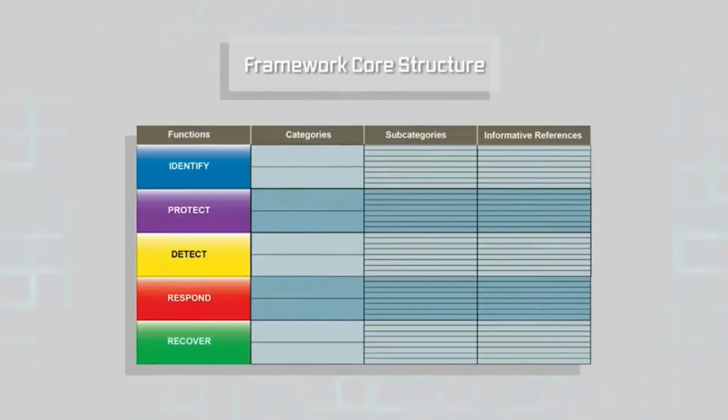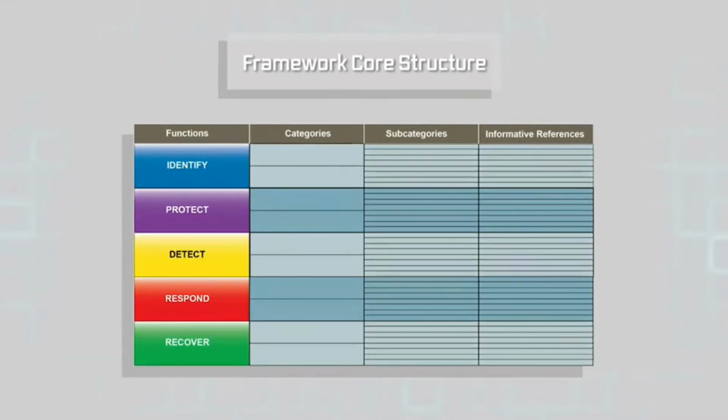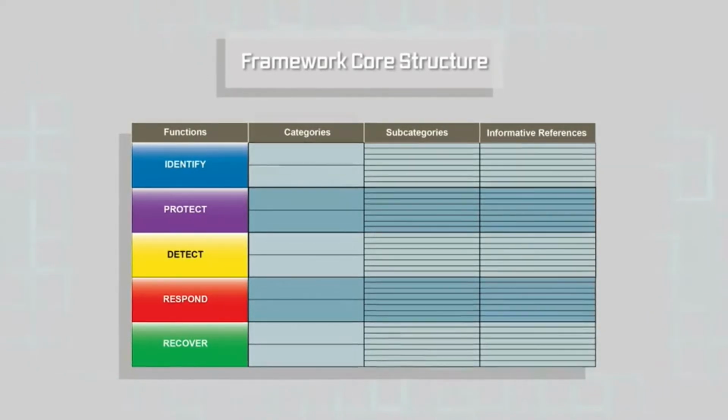The framework is very simple, which is why I think it's so effective. It basically looks at cybersecurity in an organization, what you do, what are the operations. It looks at it in 5 parts. You need to identify the problem areas, the assets, the information assets you want to protect. You need to protect them.